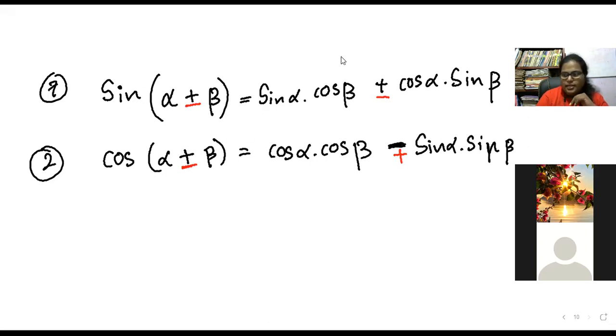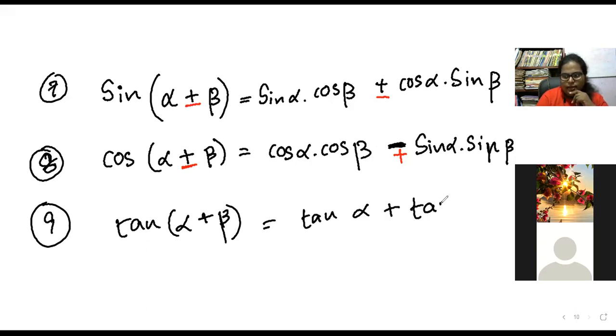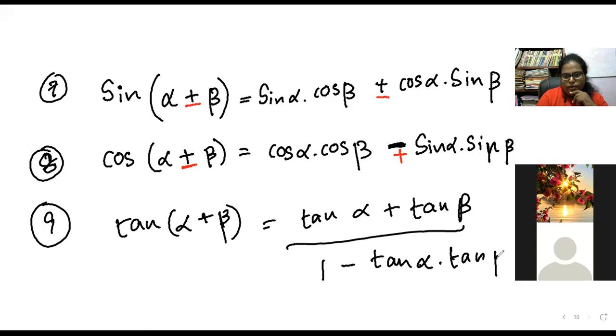And when you take tan alpha plus beta, the next one, 7, 8, and 9, you can write this one as tan alpha plus tan beta divided by 1 minus tan alpha tan beta, right?